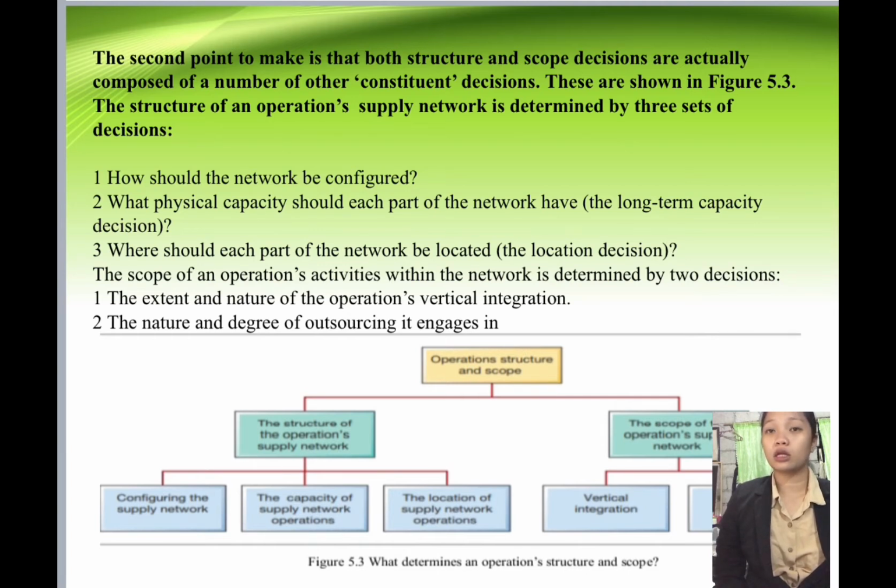The long-term capacity decision. Number 3, where should each part of the network be located? The location decision. The scope of an operation's activities within the network is determined by two decisions. Number 1 is the extent and nature of the operation's vertical integration, and number 2 is the nature and degree of outsourcing it engages in.